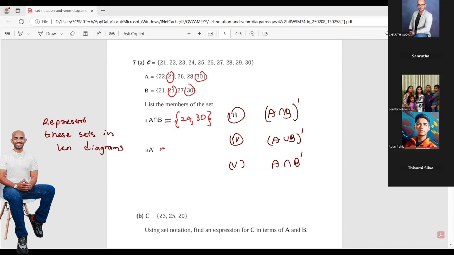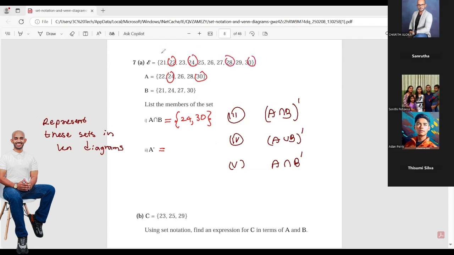Then the A complement. For the A complement, we can get anything other than 22, 24, 28, and 30.